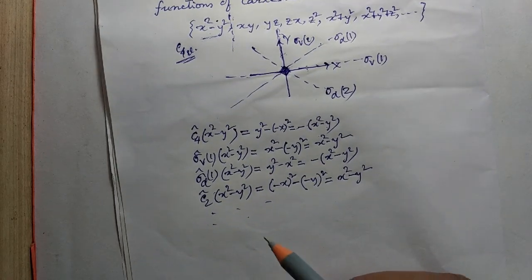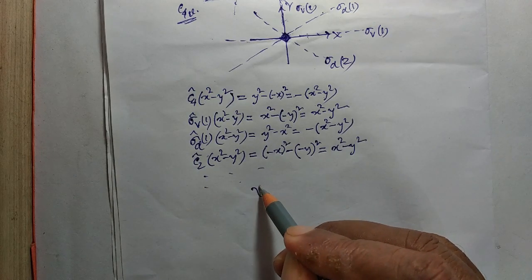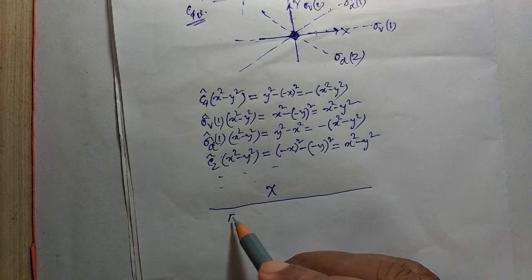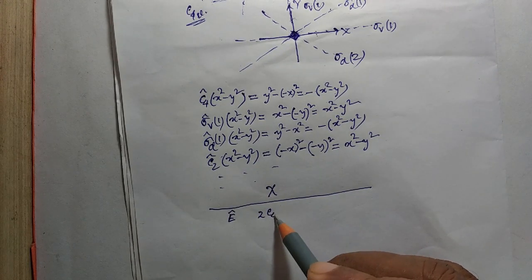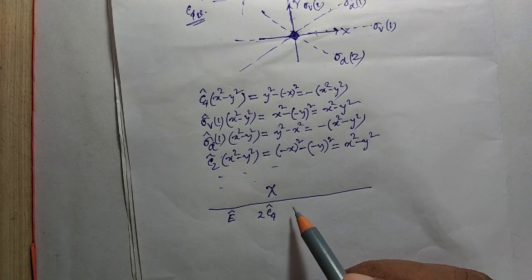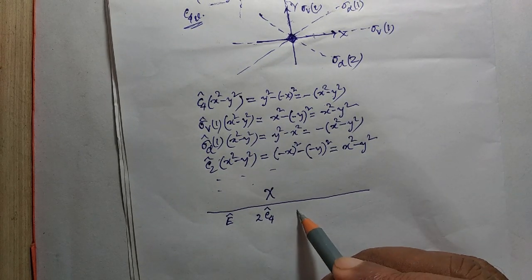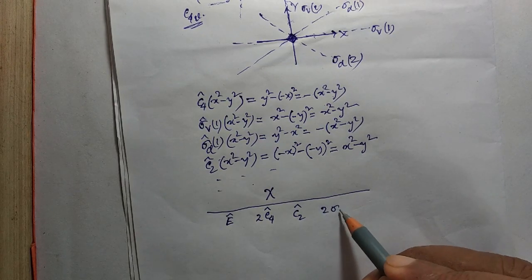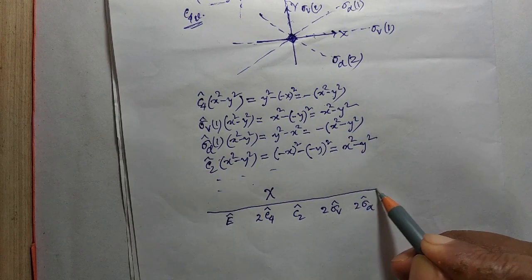And what will be the characters of that representation? If we write in this manner, character, then E, and the two C4 operators, because we know that C4 and C4 three times will have the same character. They are conjugate to one another. C2, then 2 sigma V and 2 sigma D operators.